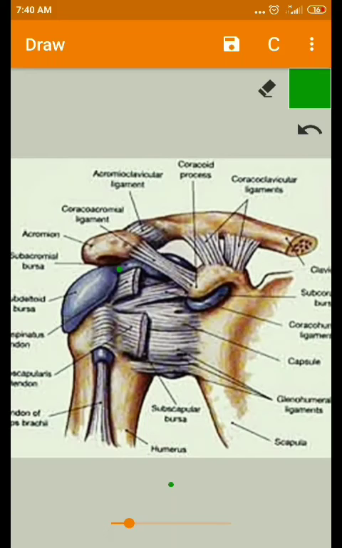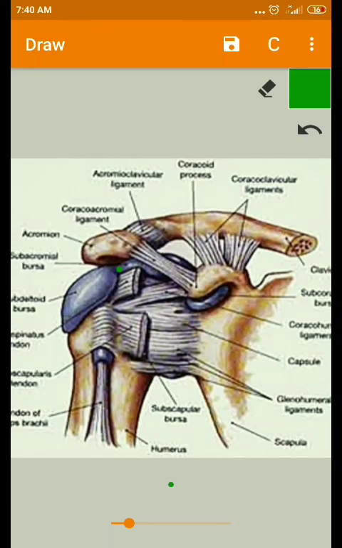Okay, and if there is any problem or interruption to this gliding mechanism, it leads to pain and also decreased glenohumeral motion, and it occurs as a primary problem.